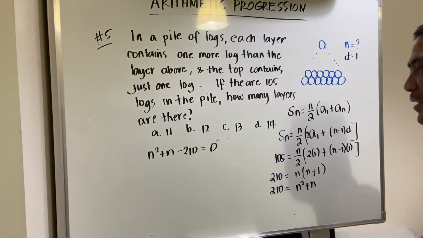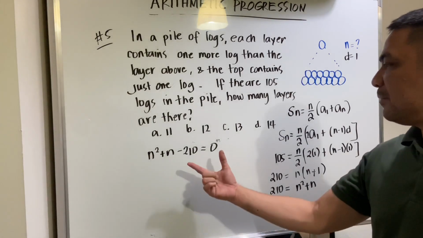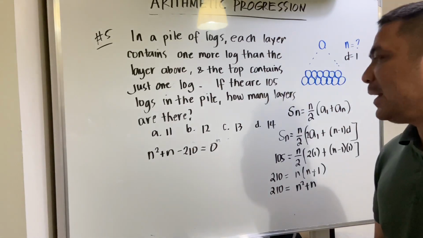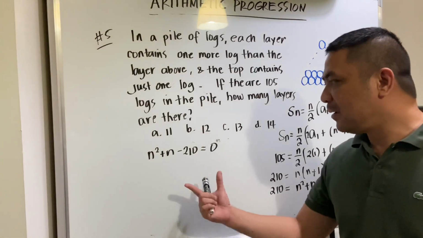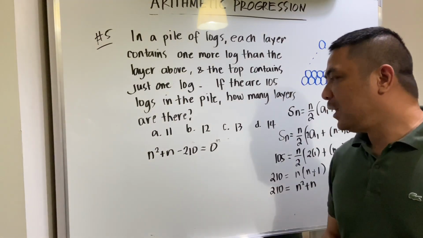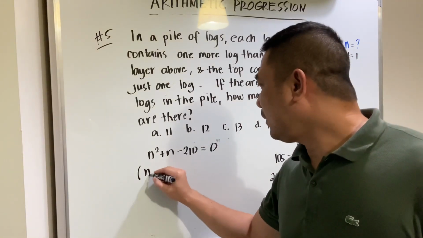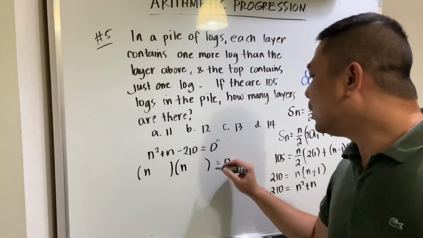So as I've said, this is factorable. So if you will try to get the factors of 210, think of two factors of 210. When you add them, it'll give you 1. So in this case, you have n, and then n is equal to 0.